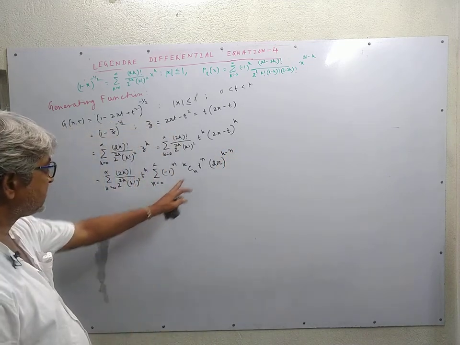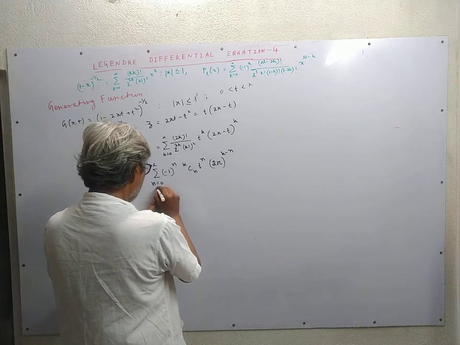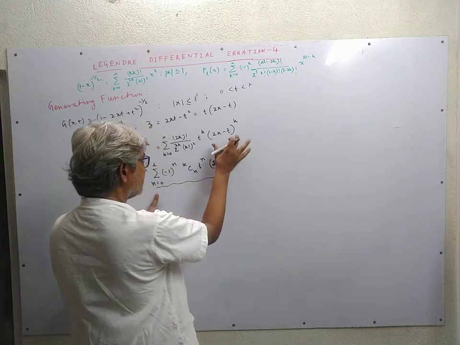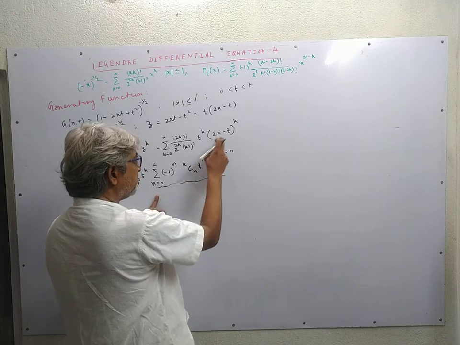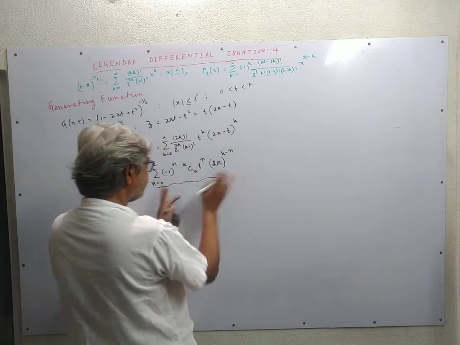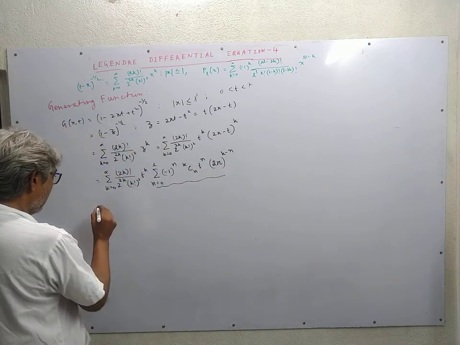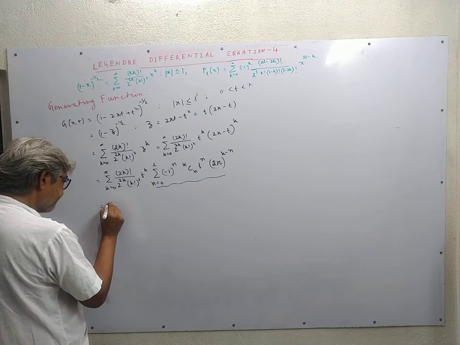So this is the expansion. This part is written instead of this one. So this is the binomial expansion. We know it.